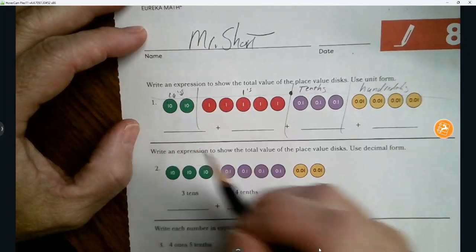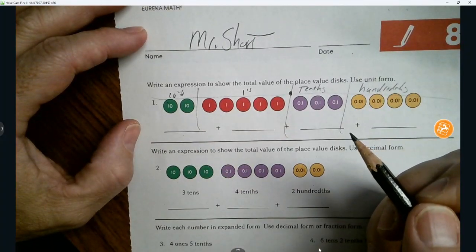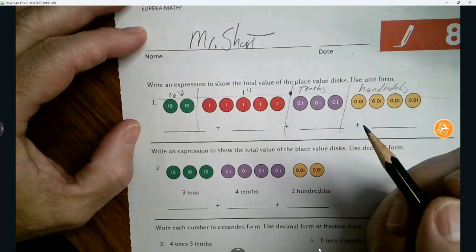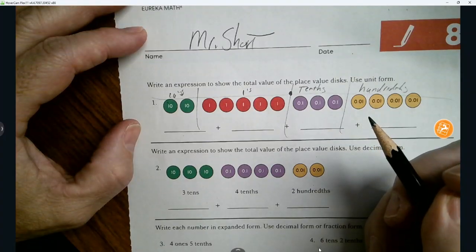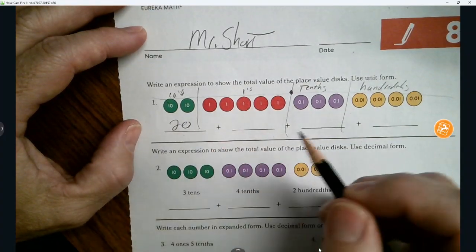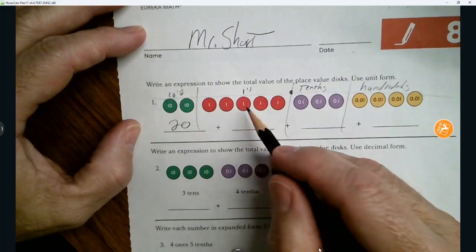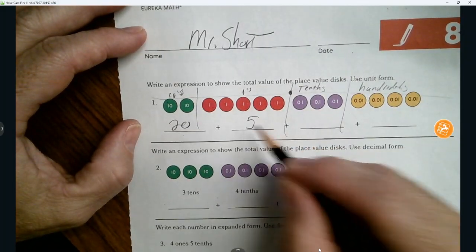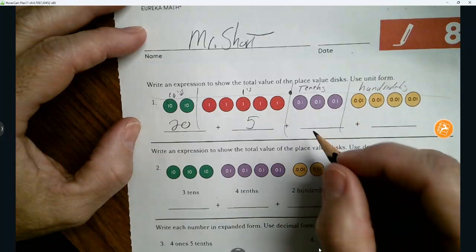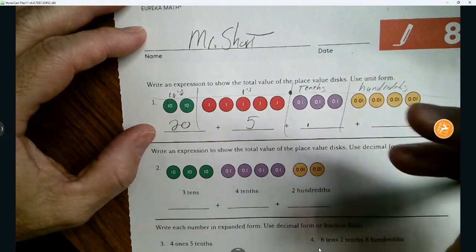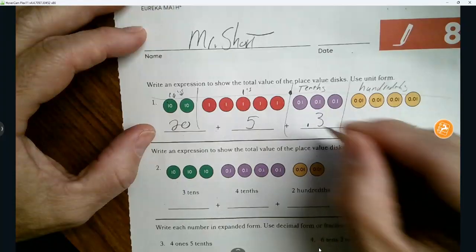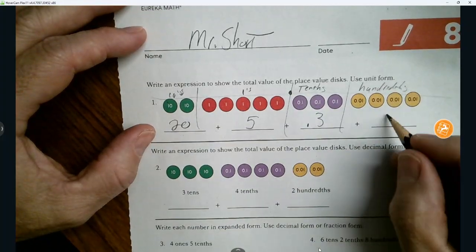So then just put how many you see of each one. We see 2 tens, right? So how many is 2 tens worth? 20. How many is 1, 2, 3, 4, 5 ones worth? How much is 1, 2, 3 tenths worth? I guess we could put the decimal there, it doesn't matter. And then how many hundredths? 1, 2, 3, 4. Right?